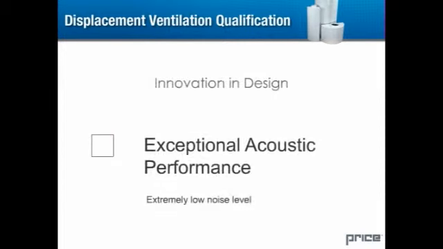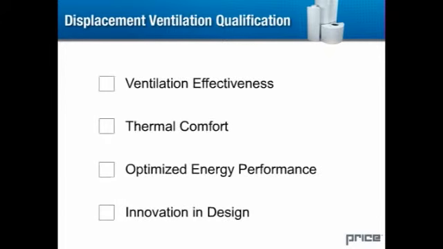The extremely low noise level of displacement diffusers can be applied towards a credit for exceptional acoustic performance in the Innovation in Design category. To summarize, displacement ventilation qualifies for the following LEED requirements: ventilation effectiveness, thermal comfort, optimized energy performance, and innovation in design.